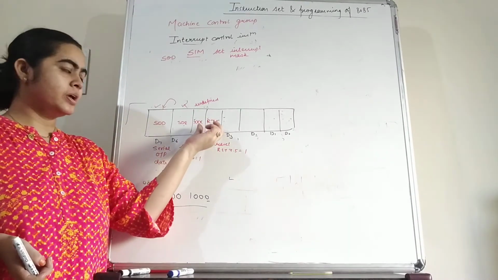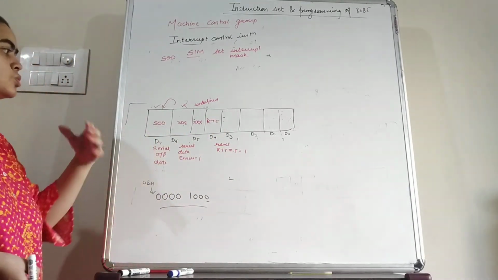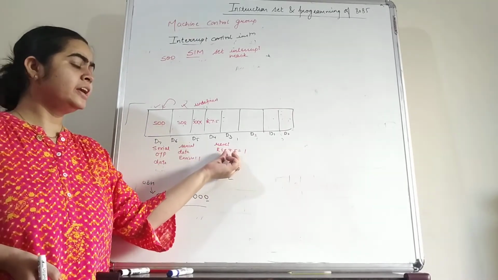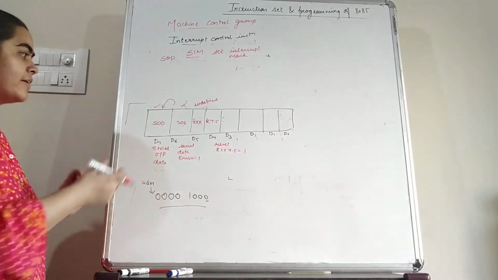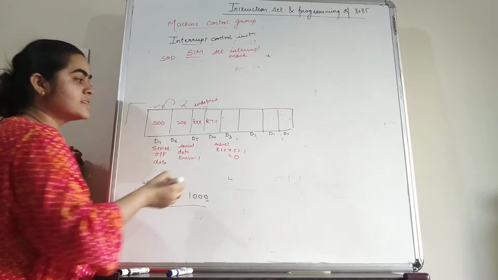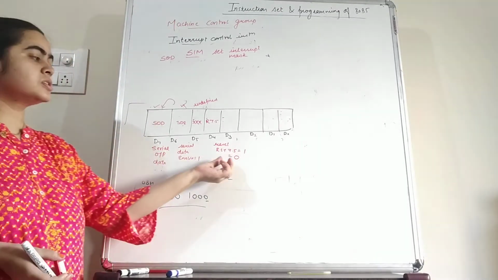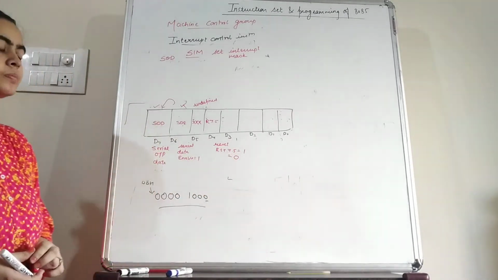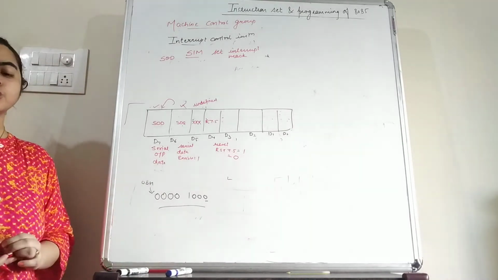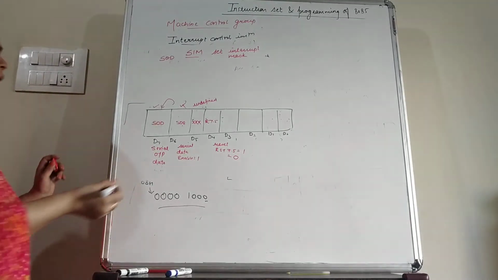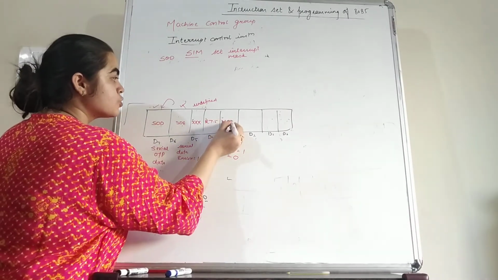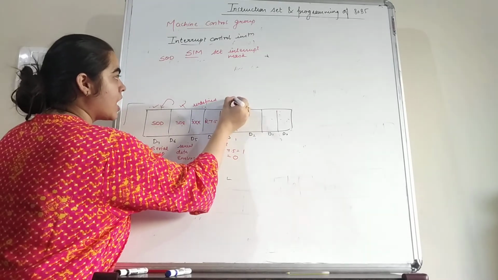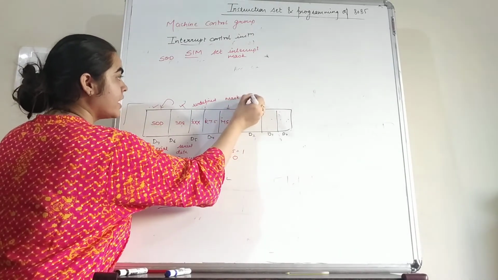If you make this bit 1, that means you can reset the interrupt RST 7.5, and if you don't want to reset the 7.5 interrupt, then you can put the value of this bit equal to 0. After this, next we have MSE. So MSE stands for mask set enable.